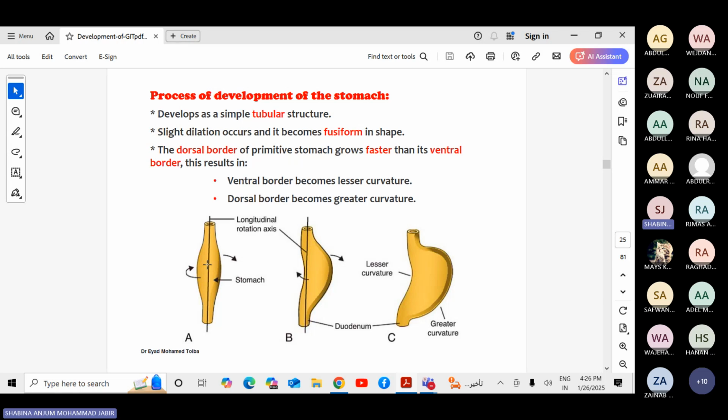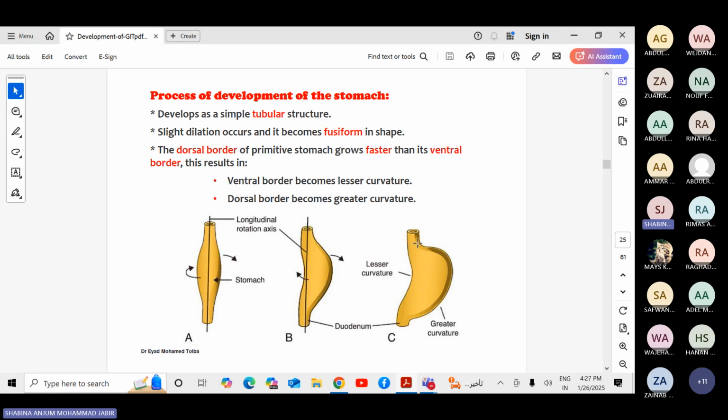The dorsal part will grow much faster than the ventral part. This is the dorsal part which is growing more, so it will become the greater curvature, and the ventral part will become the lesser curvature.